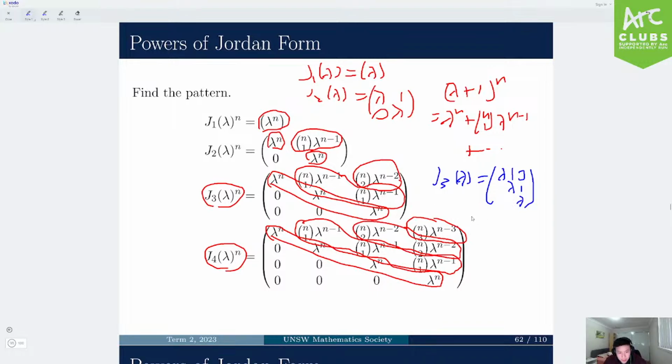Okay, we can rewrite this as lambda times the identity matrix, plus the matrix with zeros in the diagonal and 1s in the super diagonals. Okay, and if we power this whole expression to the n, then we just apply binomial expansion to this sum here, lambda times the identity matrix plus this ones in the super diagonal matrix.